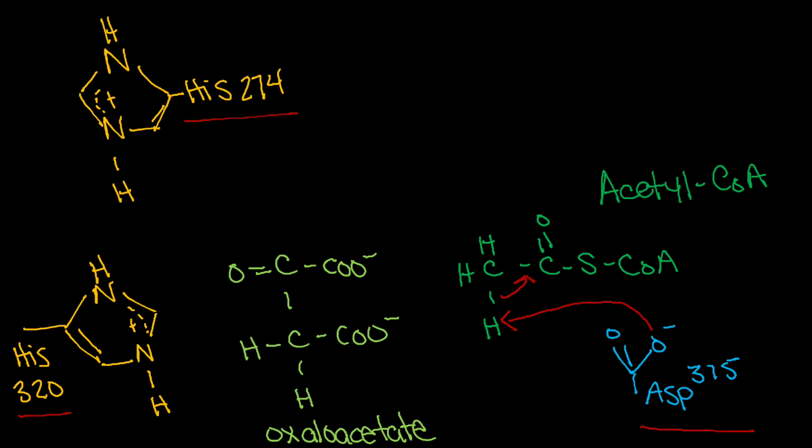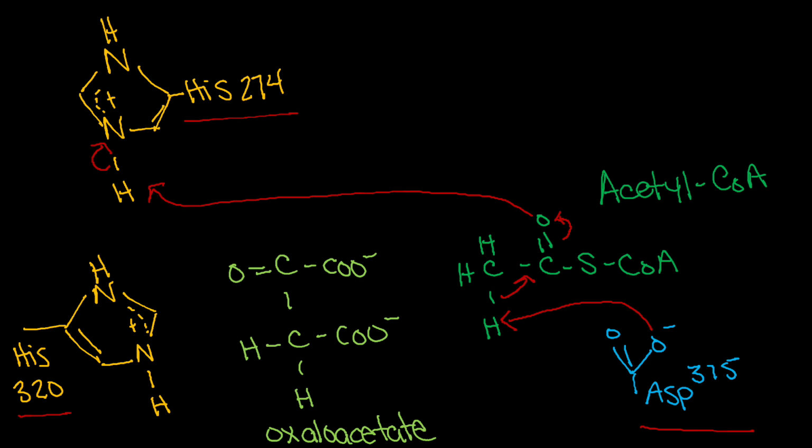When that happens, one of the bonds in this carbon breaks, and oxygen gains a lone pair. When it gains a lone pair, it will attack the hydrogen on the his 274, and then the lone pairs from that hydrogen will be given to the nitrogen. So that is the first step of this mechanism.